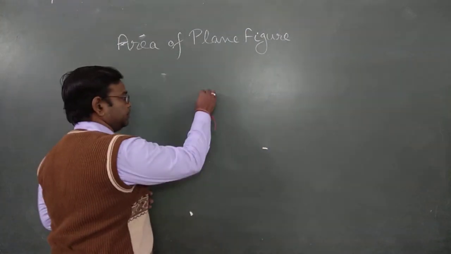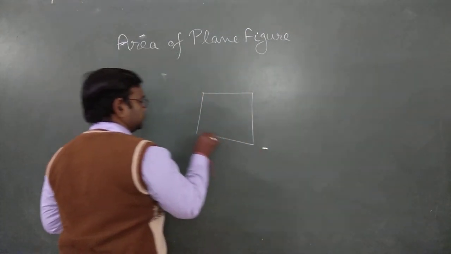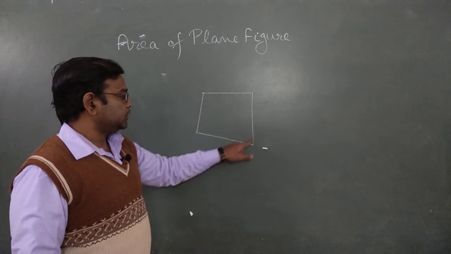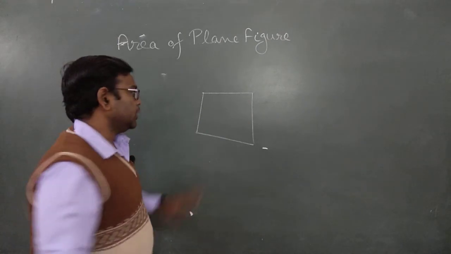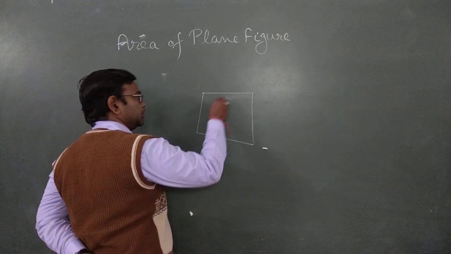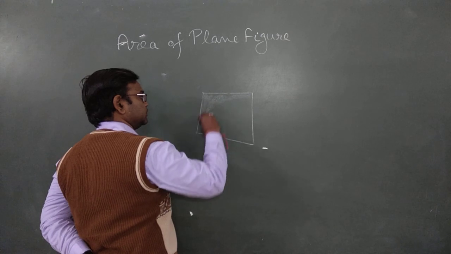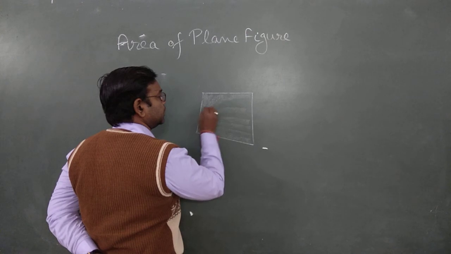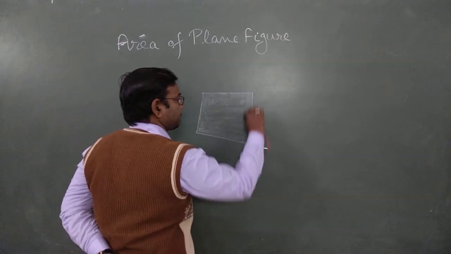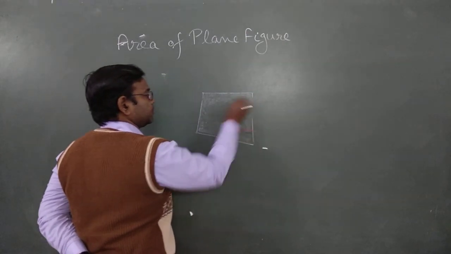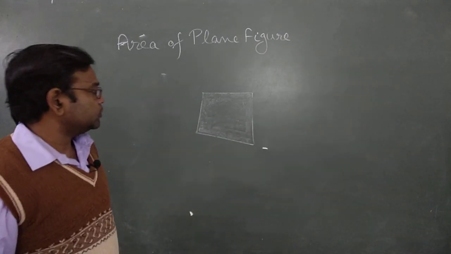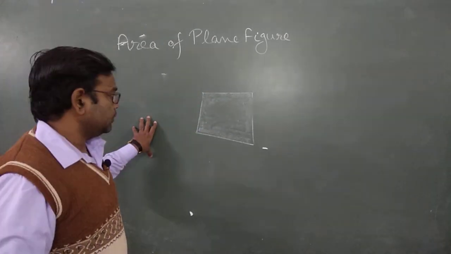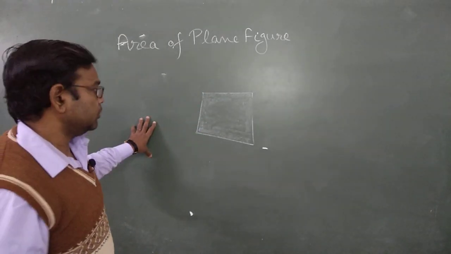For example, suppose we have a figure that looks like this one. As we know from our last videos, this is the boundary of the figure, and within that boundary, the area enclosed by this figure, this shaded part, this complete area, the complete space occupied by the figure, is known as the area of the figure.